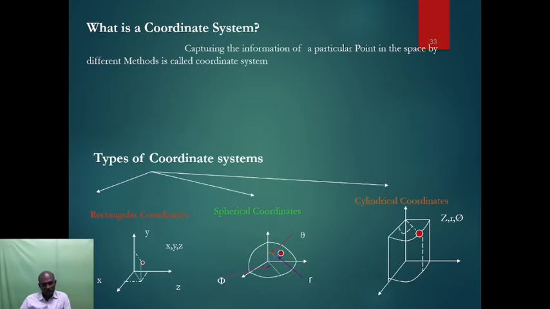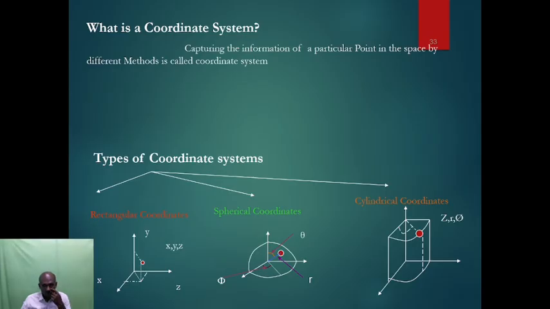The spherical coordinate parameters are r, theta and phi. In rectangular coordinates all coordinates are length or distance vectors x, y and z. But in spherical, only r is a distance vector. The other two, phi and theta, are angular measurements. In the cylindrical coordinate system, we have z, r and phi.